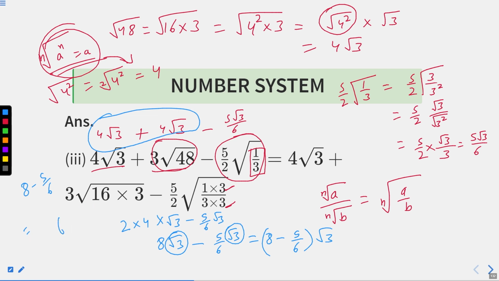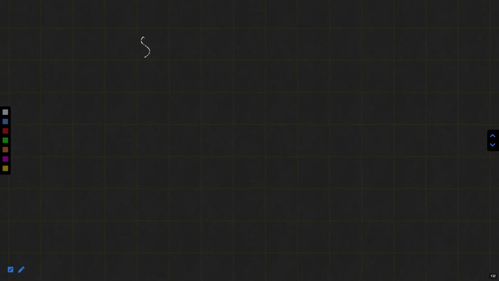So we take the LCM, which is 6. Let me use the chalkboard. 8 minus 5 by 6, so taking the LCM 6, it is 48, now minus 5.